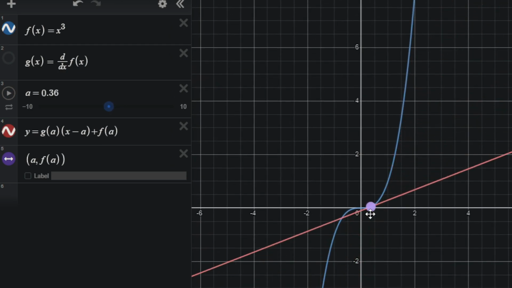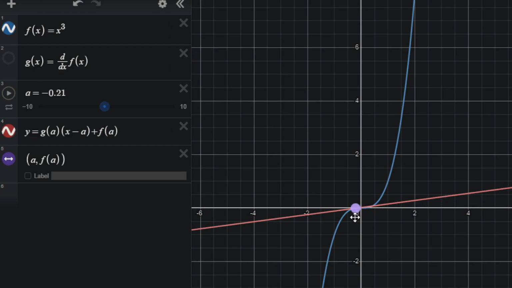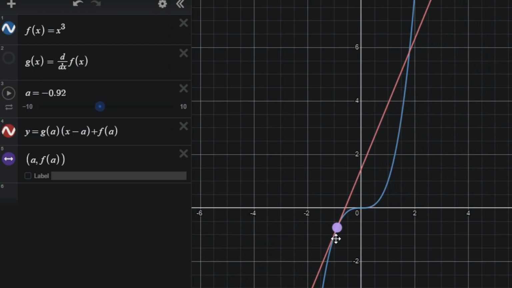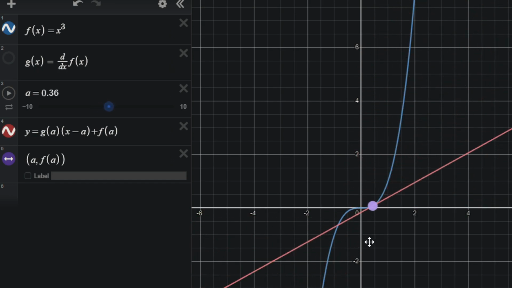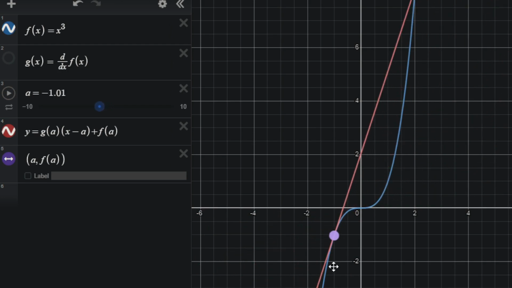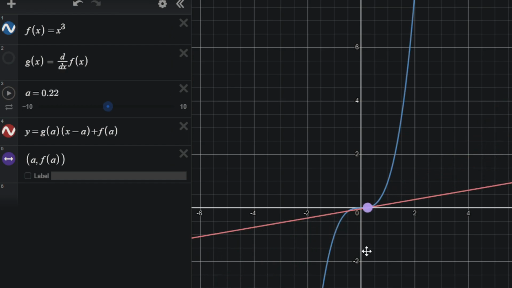And then if we go to the left of 0, it's always falling above the graph. Okay. So this is the idea of concavity. This is the last piece that we need in order to make a good graph of the function. So what's going to determine concavity? What's special about 0 here?